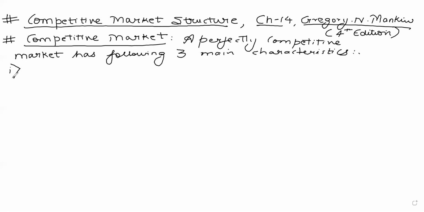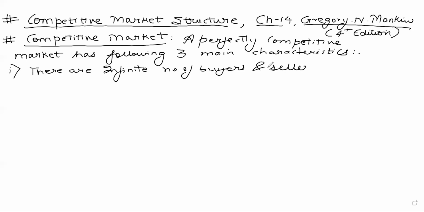The first characteristic is that there are infinite number of buyers and sellers in the market. So when we talk about a perfectly competitive market, it comprises an infinite number of buyers and sellers. You cannot count them.